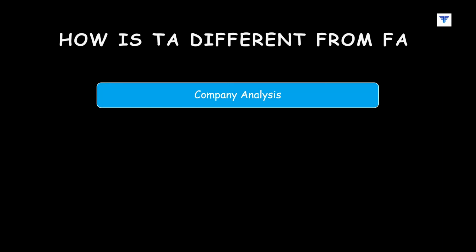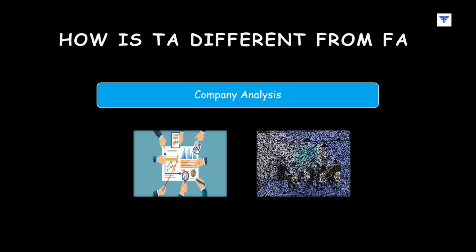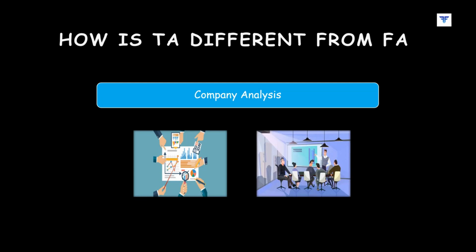Finally, company analysis is more micro in nature in that it involves analyzing the financial health of a specific company. This is done by analyzing both quantitative factors such as financial statements and qualitative factors such as speaking with the management of the company.